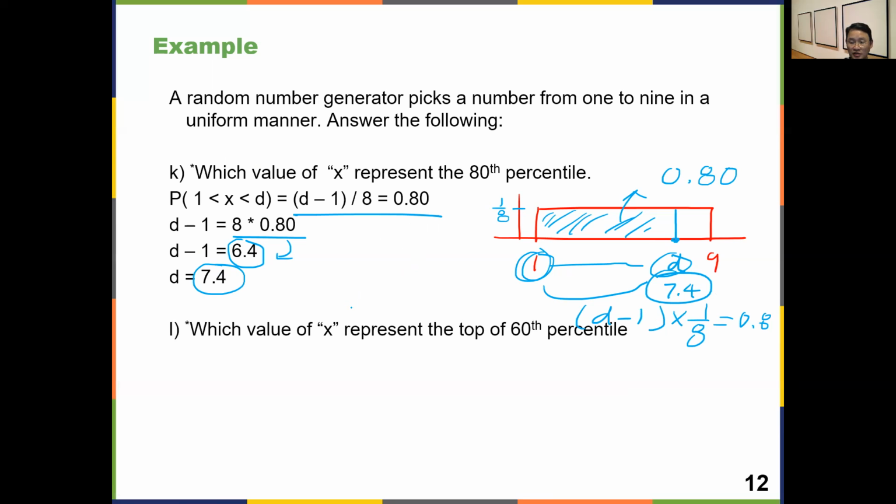Now, a similar question. What X will give you the 60th percentile? Let me give a little bit of time. Try this one. Almost the same as the previous one. This time it's not 80, this time it's 60.